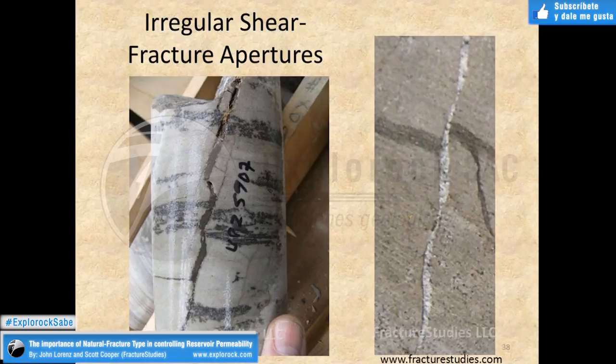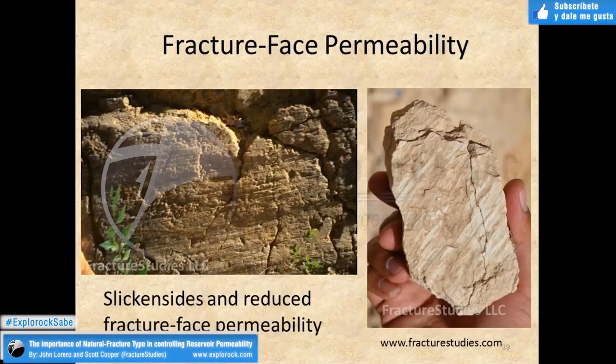How about the dynamics of a fracture? It turns out that most fractures, in fact, do not have a steady state permeability in a reservoir, but have changes in permeability as the changing stresses affect the fracture aperture.